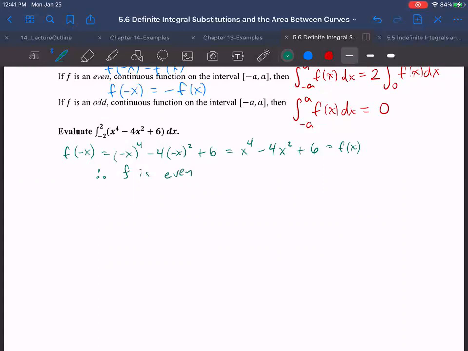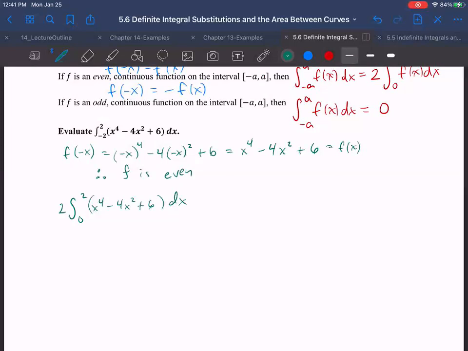So, how big of a deal that is in helping us here with this one or not, I don't know, but we can do it. We can then say our integral can go from 0 to 2 times it, of x to the 4th minus 4x squared plus 6 dx. And that 0 is just a little easier to plug in than -2, right?